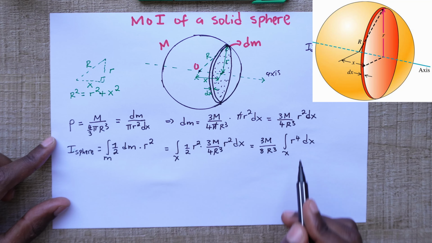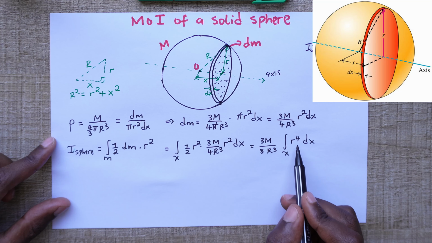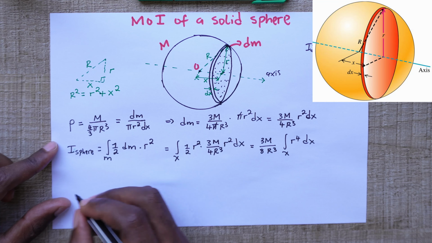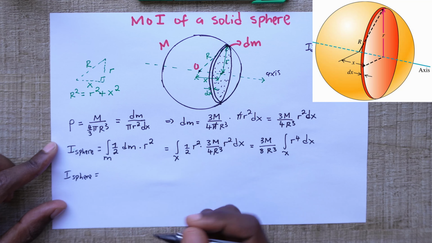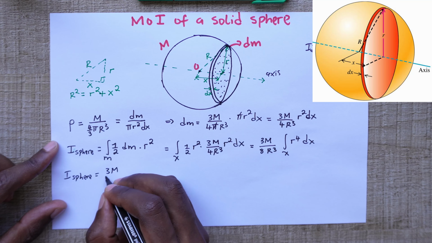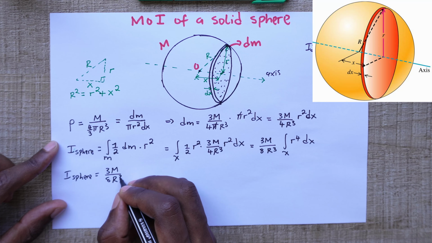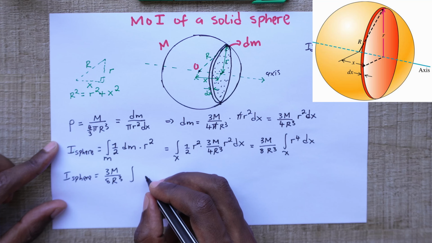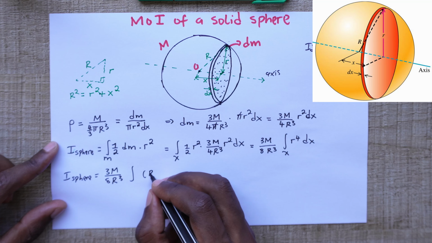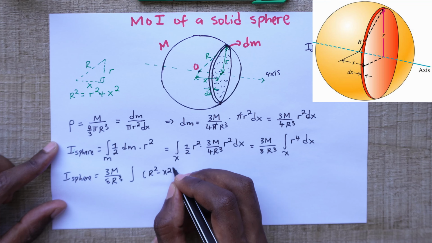So if we replace small r here, we are going to have I of the sphere as 3m divided by 8R cubed times the integral. Here we have r to the power 4, so we are going to have capital R squared minus x squared.